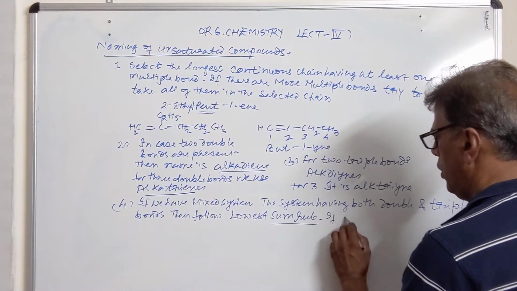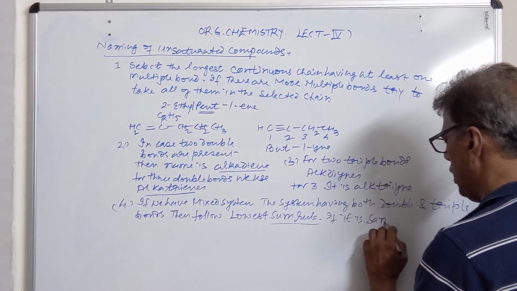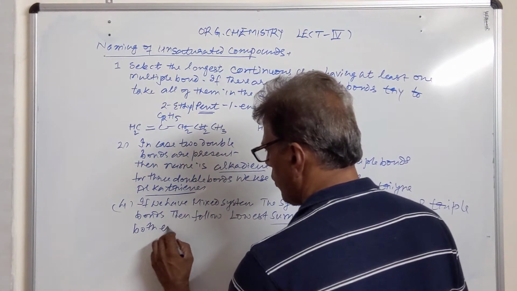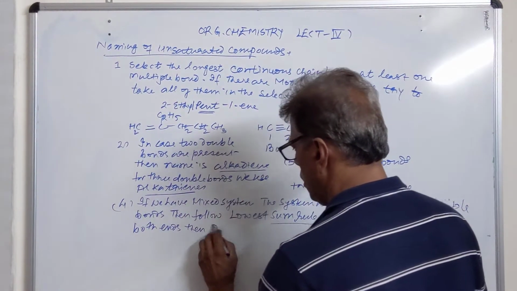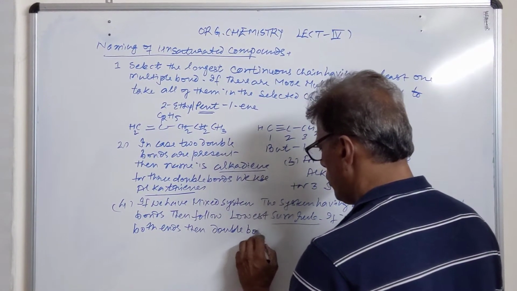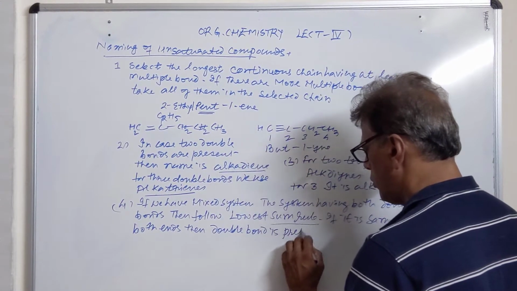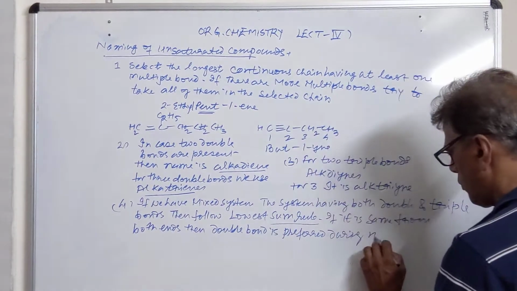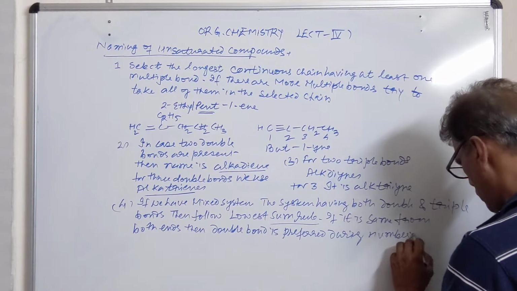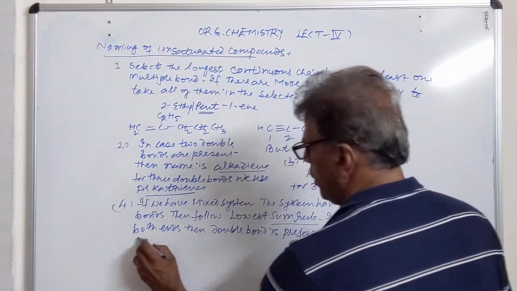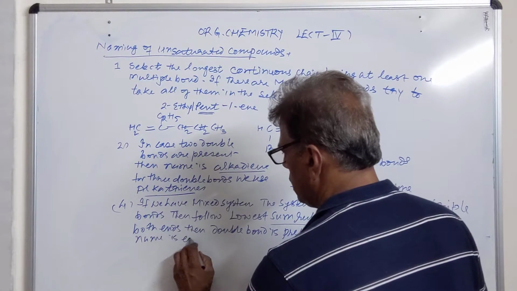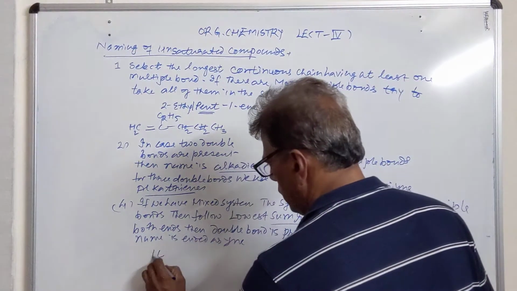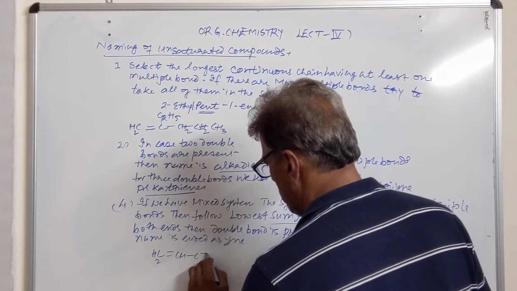If the sum is the same from both ends, then the double bond is preferred during numbering, and the name is ended as yne. So we are having this system having a double bond as well as a triple bond.